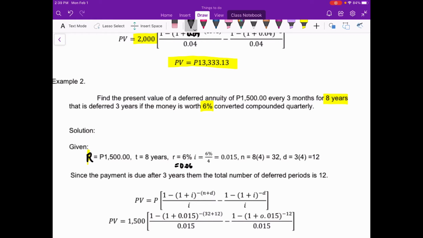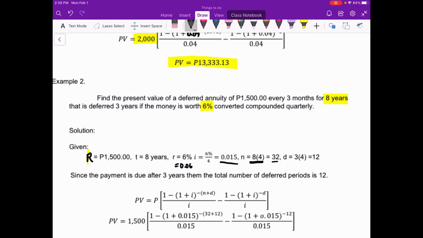And then for our I, that is just R over K. So we have 6% divided by 4, or 0.06 divided by 4, and that is 0.015. And then for our N, that is just 8 years times quarterly, that's T times K, so that is 8 times 4, which is equal to 32.